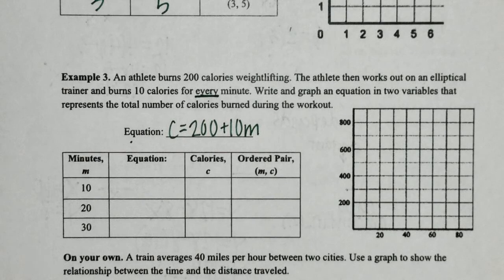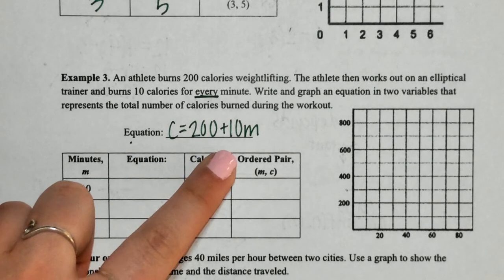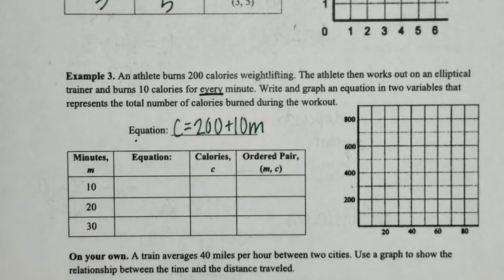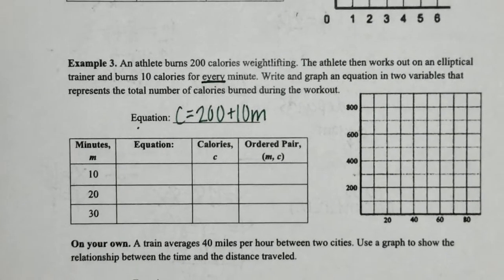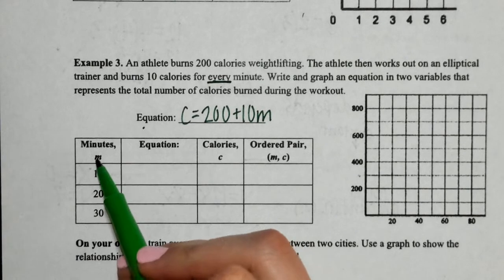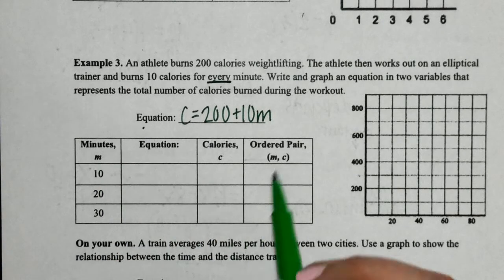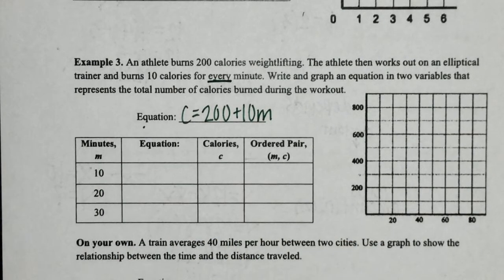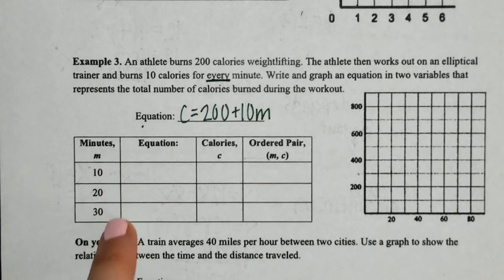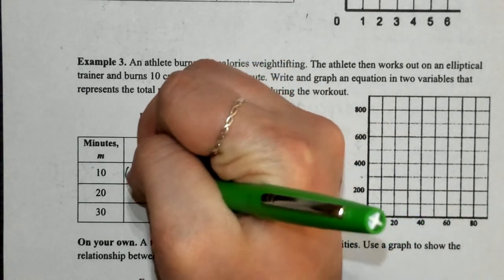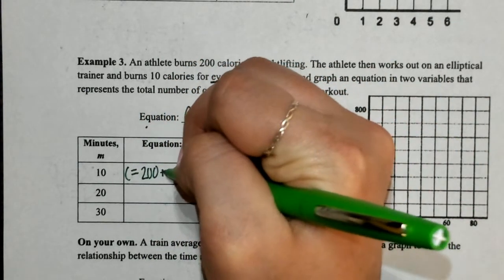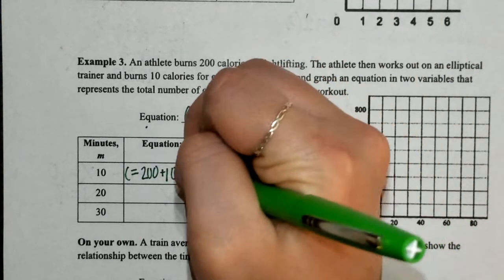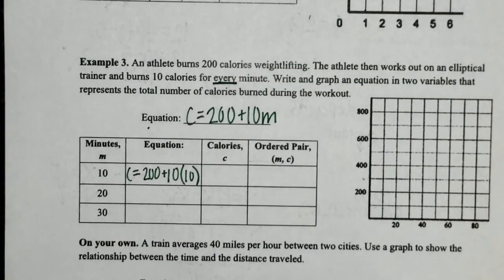Okay? This is the same as saying y equals 200 plus 10x. We're just changing it up because we learned in 7.1 that you want to use symbols or variables that match. So we're using M for minutes and C for calories. Okay, so it gives you what we're replacing the M with. So if we write out our equation, C equals 200 plus 10M, and our M is 10 on this one.